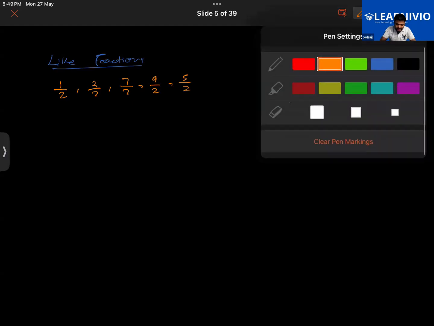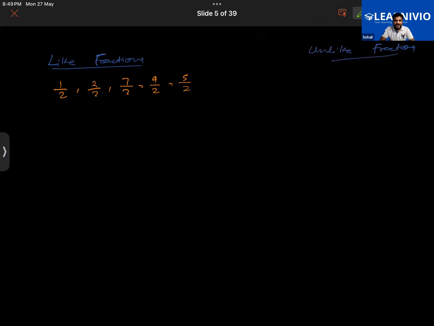Or what would you say about these fractions: 1 upon 2, 1 upon 3, 7 upon 9, 8 upon 6, or 5 upon 3? What did you observe between these two sets of fractions?